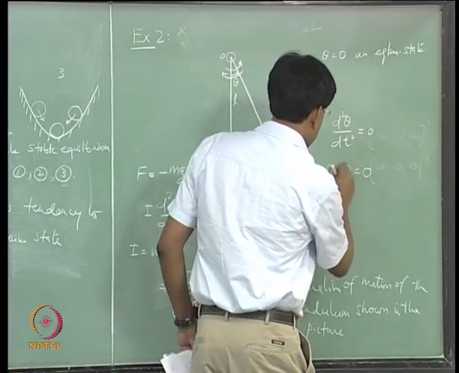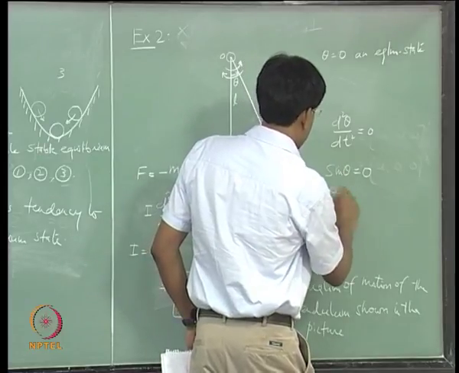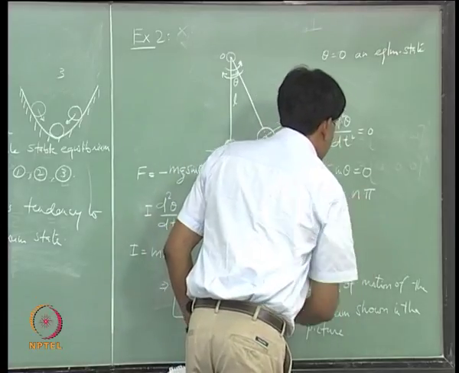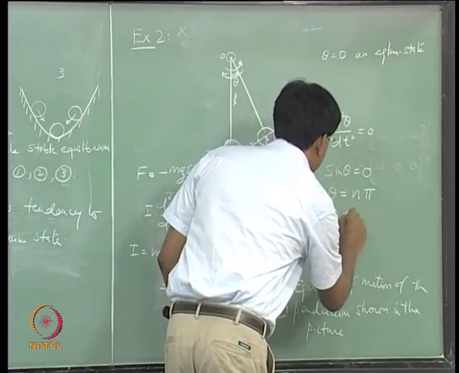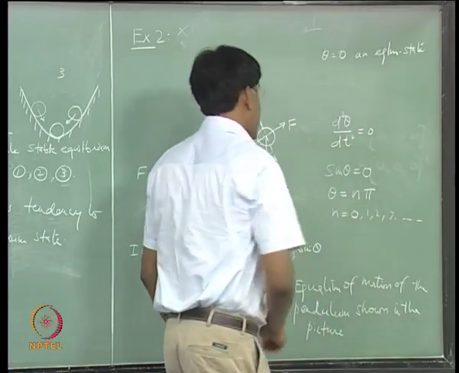So, sin theta equal to 0 has solution which is n into pi, and so on. So, n is an integer.